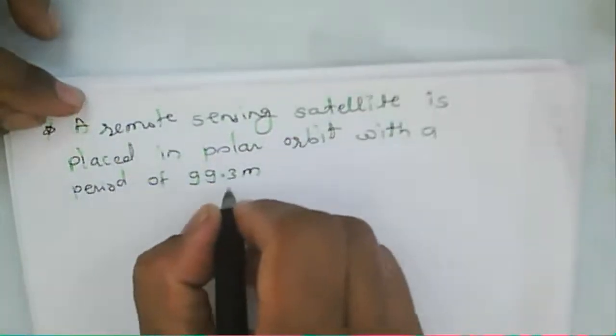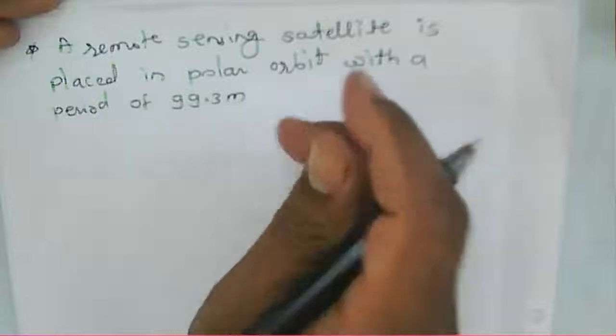Means that is about one rotation. 99.3 minutes means it is about the one rotation here.